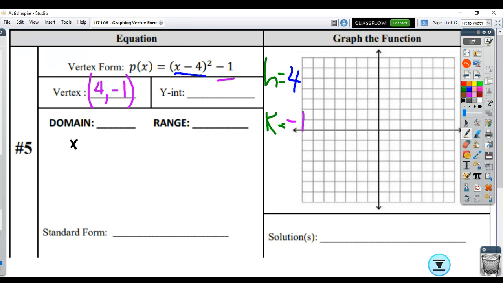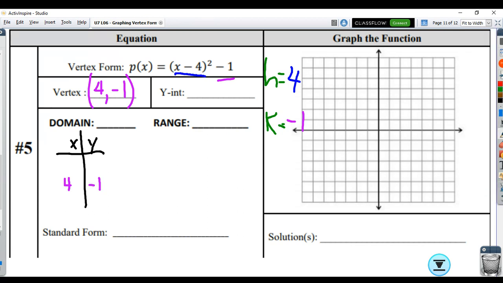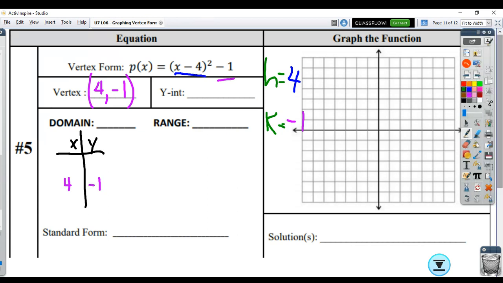I'm just going to really quickly create a little XY chart right here where we have some space. And just like we did last time, the vertex goes smack dab in the middle for x, which is 4. And just like last time, we do one step forward and one step backwards. So one step forward would be 5, and one step backwards would be 3, right?